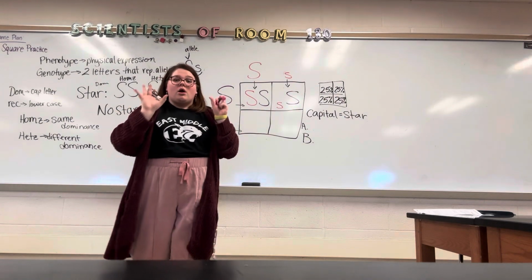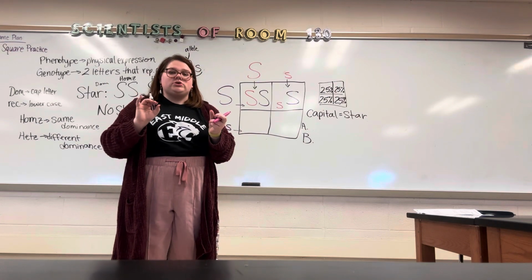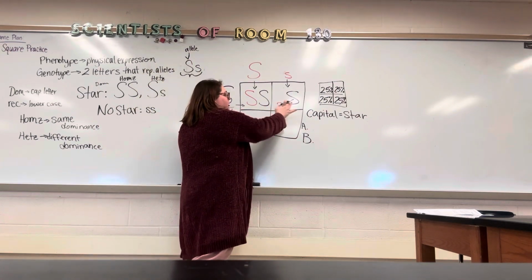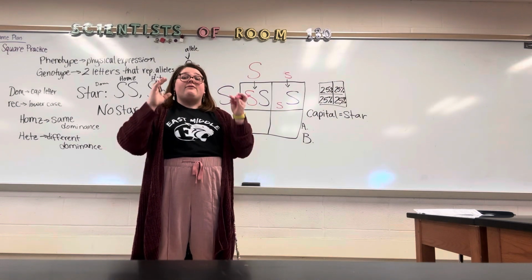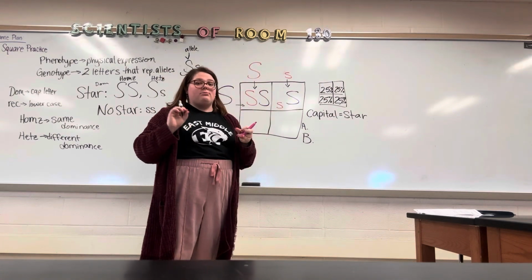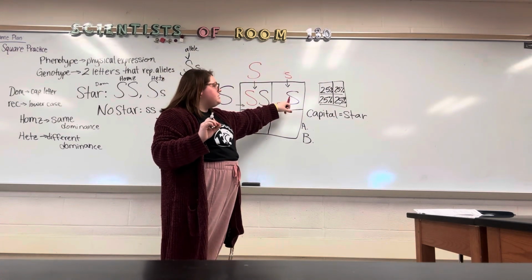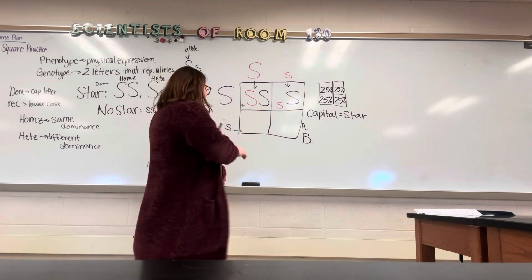I'm going to tell you, the majority of the time you see things, people are going to order it with the capital letter first. That's to show dominance. But if it helps you in your brain to pull down and then over each time, you can do that. I'm going to fix it so that way the big S is first and the little s is second.